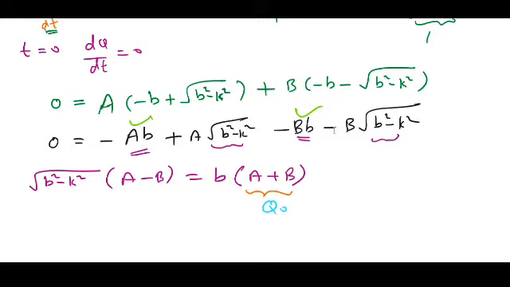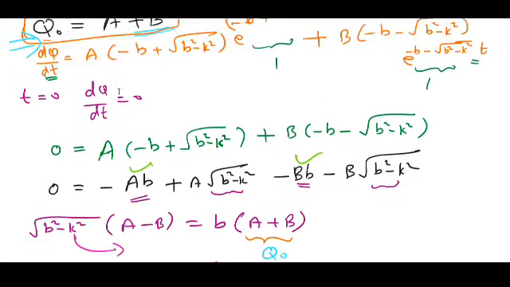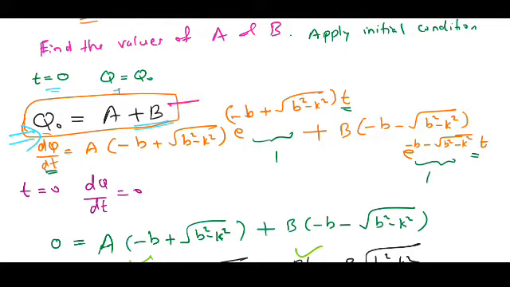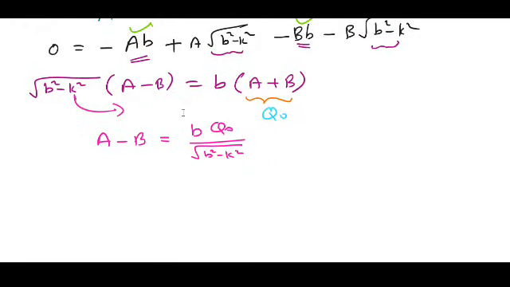Then I rearrange this term, so this can be written as A minus B is equal to b Q0, bringing root of b² minus k² to the right side, divided by √(b² - k²). If I put the equation numbers, this first equation I call 2, and this equation is equation 3.